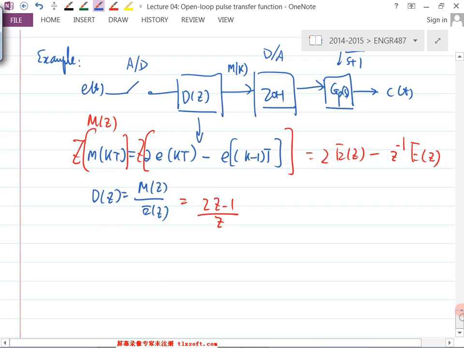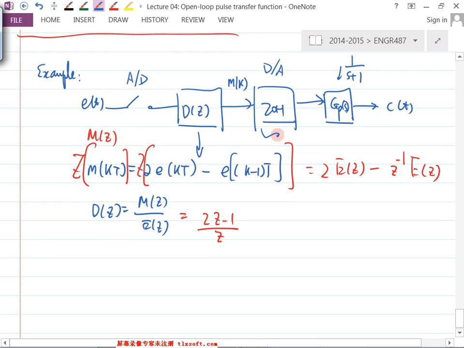So now can you imagine what you do from here? If I call this whole chunk G of S, what do I need to do first?